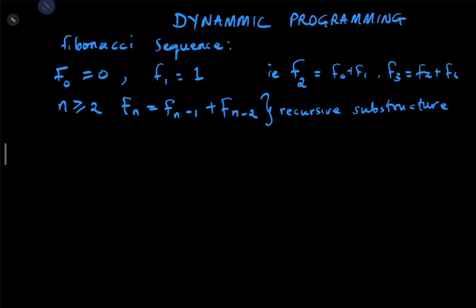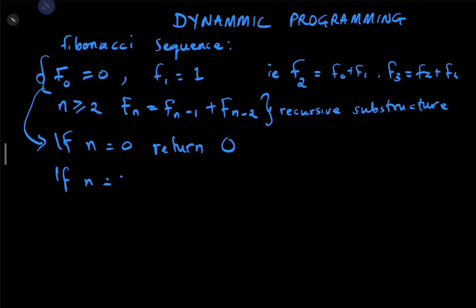So what this algorithm says is, if n is equal to 0, we return 0. If n is equal to 1, we return 1. Else, we return Fn minus 1 plus Fn minus 2.